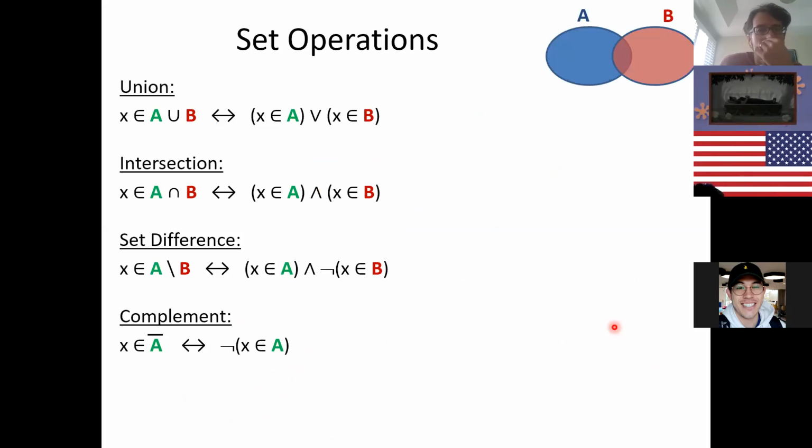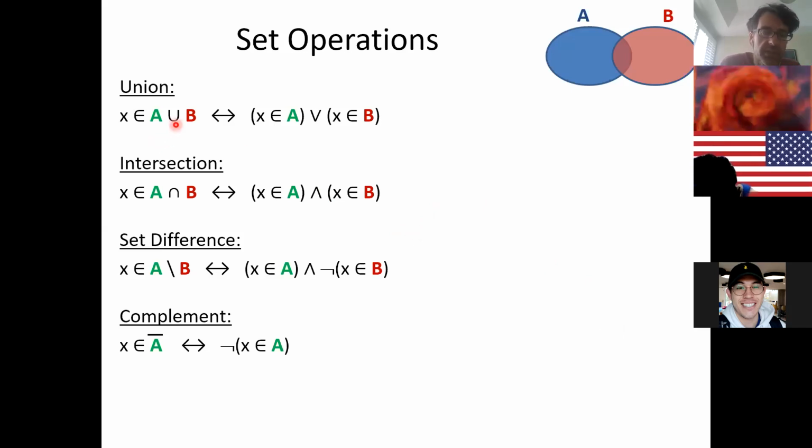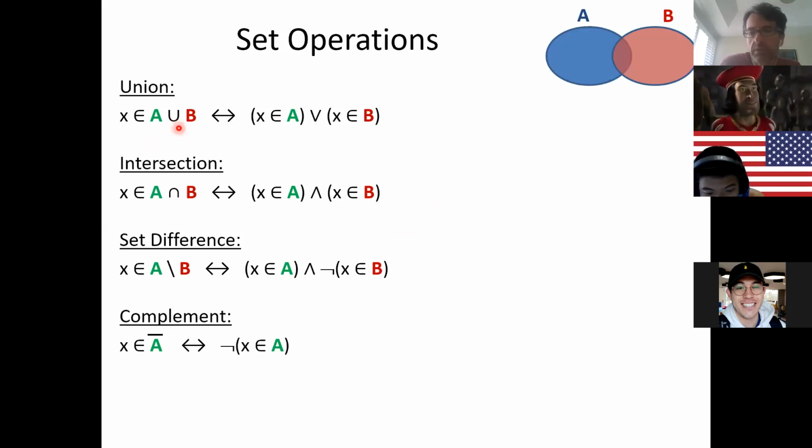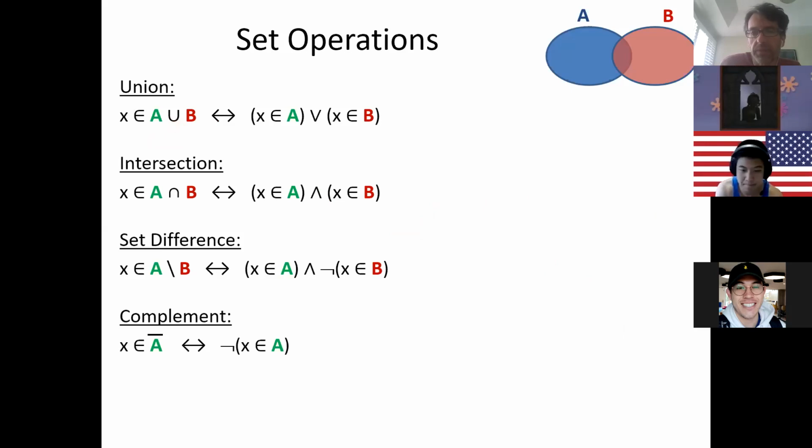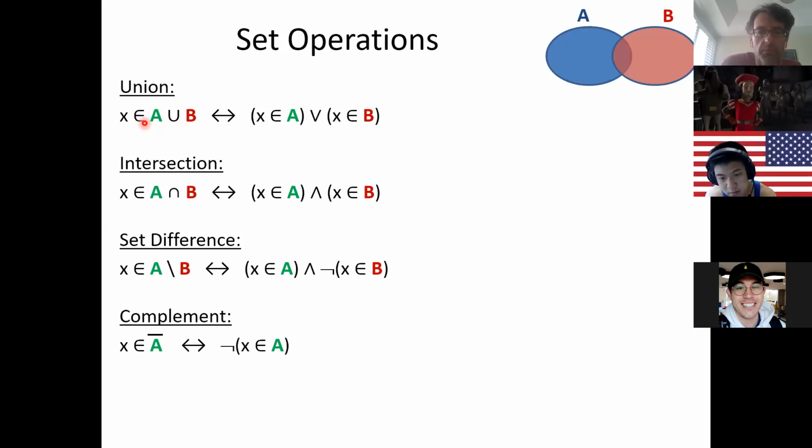Okay, so let's define operations on sets. These operations correspond basically one-to-one to Boolean operations. Here is a union. We define a union of two sets with the following set builder notation. So look, the left-hand side here is a definition of a set.